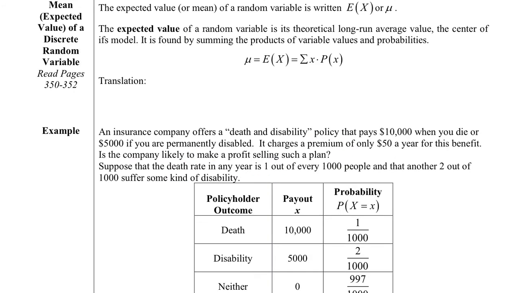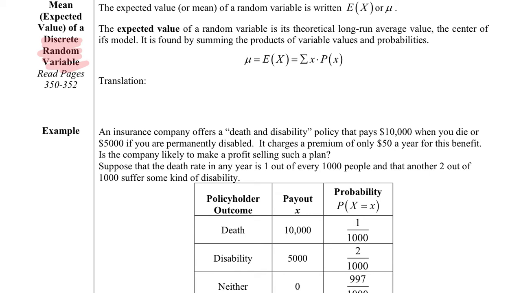Now that we've got some definitions out of the way, let's go ahead and look at an example. Our first example here is going to be of a discrete random variable. We're going to start with the expected value. So an expected value is basically just the mean or the average amount we would expect for any probability model. And I'm going to apologize right here.